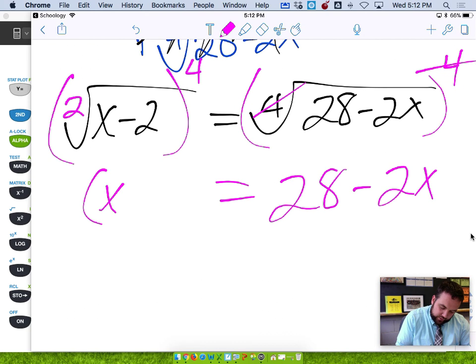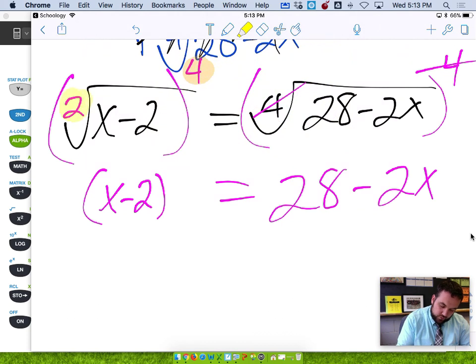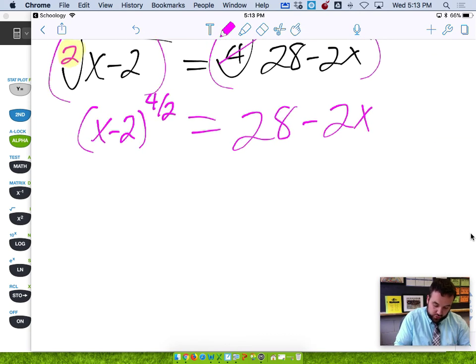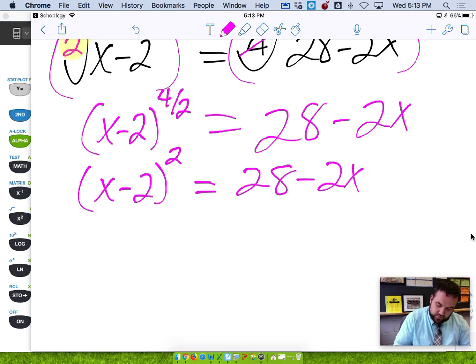So if I wanted, I could rewrite this as x minus 2 to the 4 over 2. Of course, 4 over 2 is just 2. So now I can rewrite this as x minus 2 squared equals 28 minus 2x.